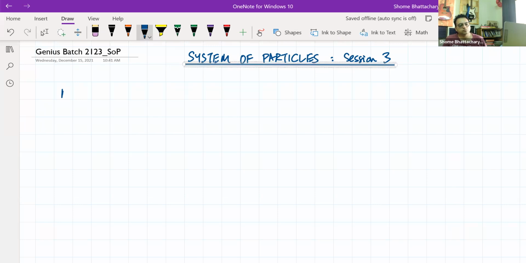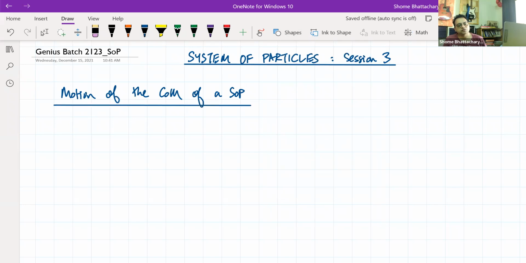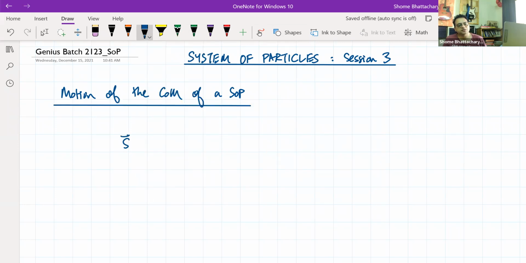So as part of motion of the center of mass of a system of particles, we had seen that just like we defined position as the weighted mean of the individual positions of the various parts of a system, displacement also becomes a weighted mean, or summation of m into s divided by summation m.